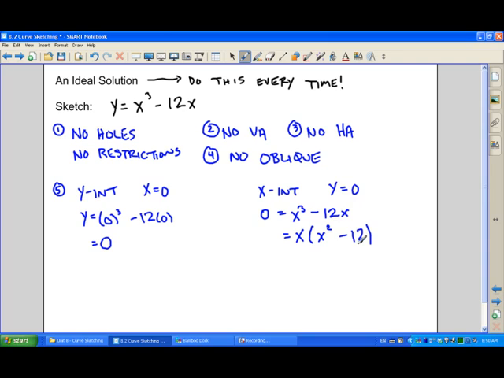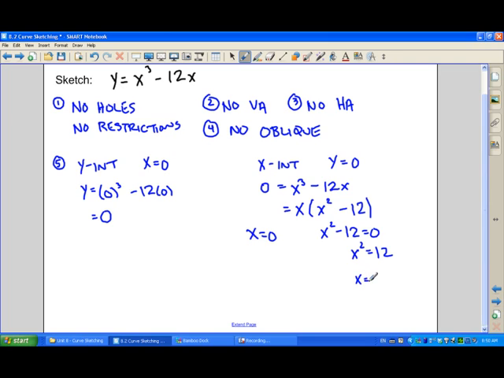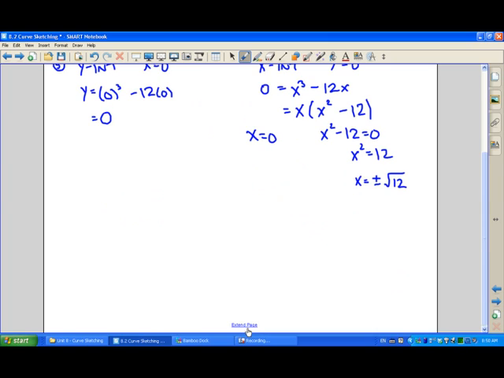I end up with x times x squared minus 12, which means that x can equal 0, or x squared minus 12 equals 0, which means that x squared equals 12, or x equals plus or minus the square root of 12. Don't forget the plus or minus. I do want to simplify this radical, and root 12 simplifies to plus or minus 2 root 3.